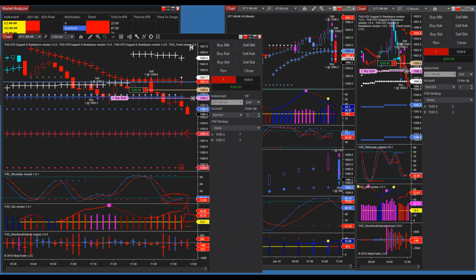Now I'm going to move my stop down again. So if they suddenly reversed it, then they would take me out. In other words, I want it to continue straight down.